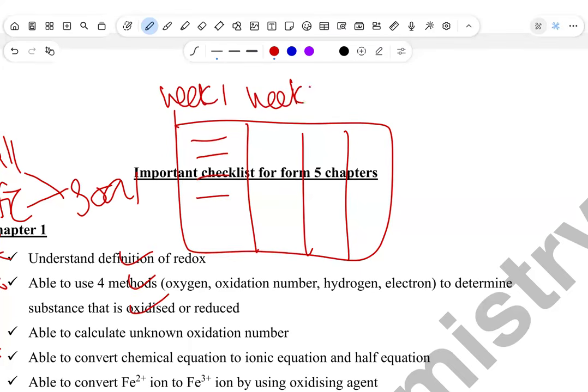In week 2, what subtopics do you want to revise? After revision, do you have time to do your exercises? If you don't have a timetable, it's hard. You study impromptu, spontaneously, and the time is never enough. That's why just now I said start everything with proper planning. At least do your timetable.